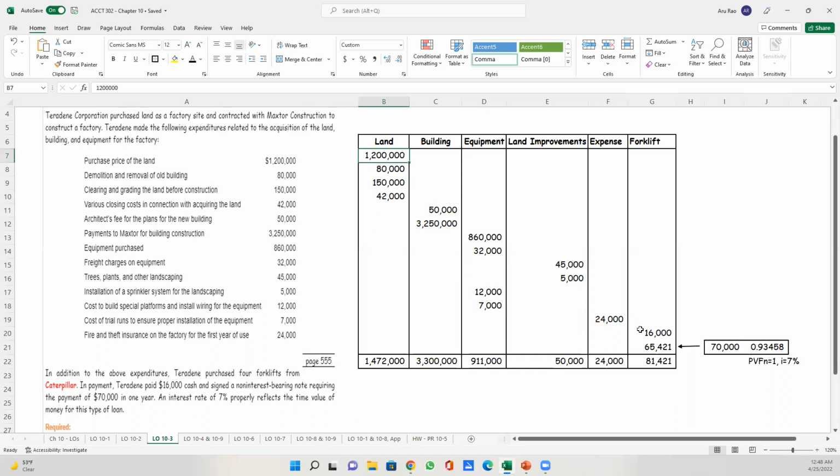So we need to be very careful to see which asset you're going to allocate it to, because remember, land never gets depreciated. Other assets such as building, equipment, land improvements, these are going to get depreciated, but over their appropriate life and using the appropriate depreciation methods, which you will study in the next chapter.